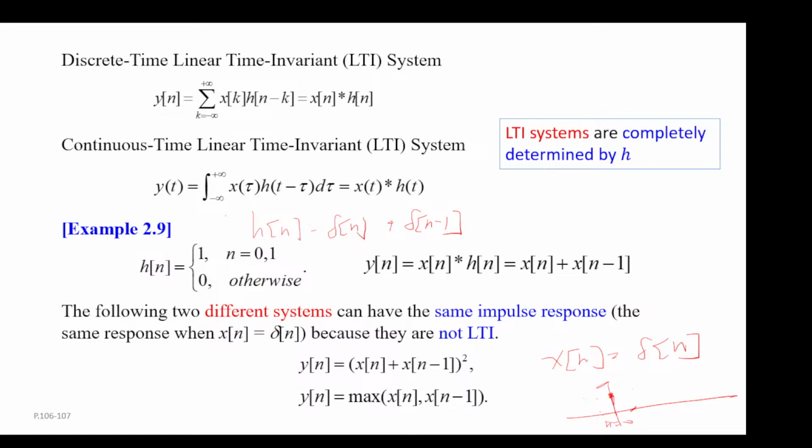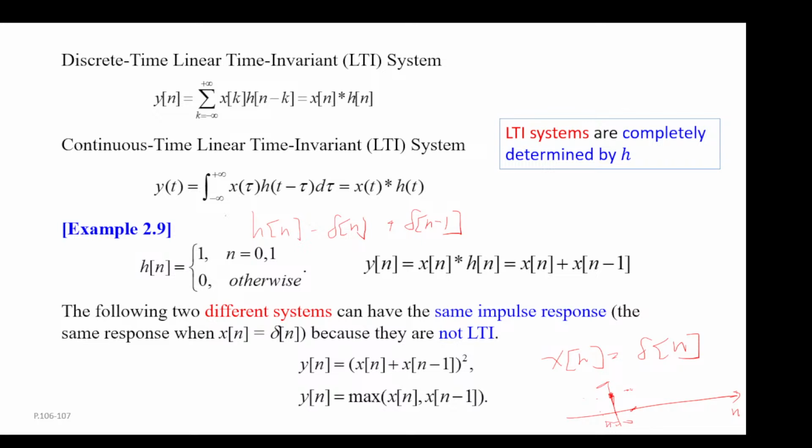And at n equal to 1, y of 1 is the maximum of x of 1 equal to 0 and x of n minus 1 equal to 1, so y of 1 also equals 1. So you see that when x of n equals delta of n, then y of n for this function also equals this h of n here.